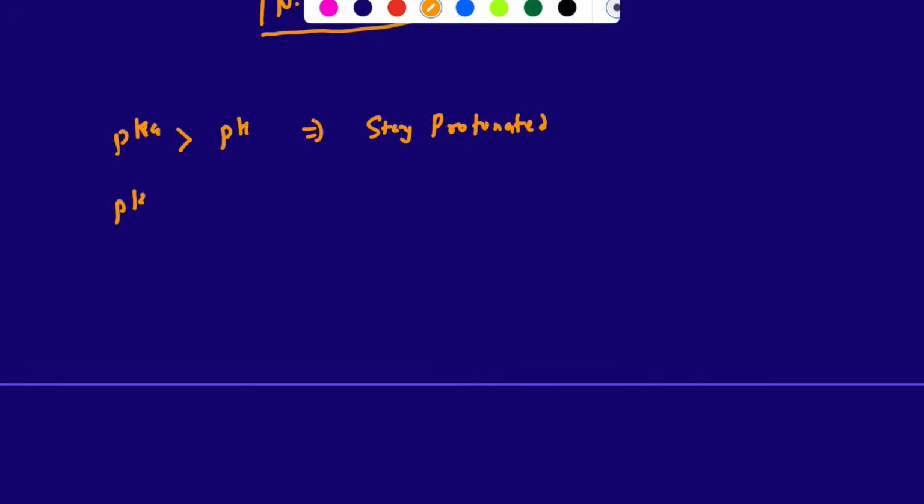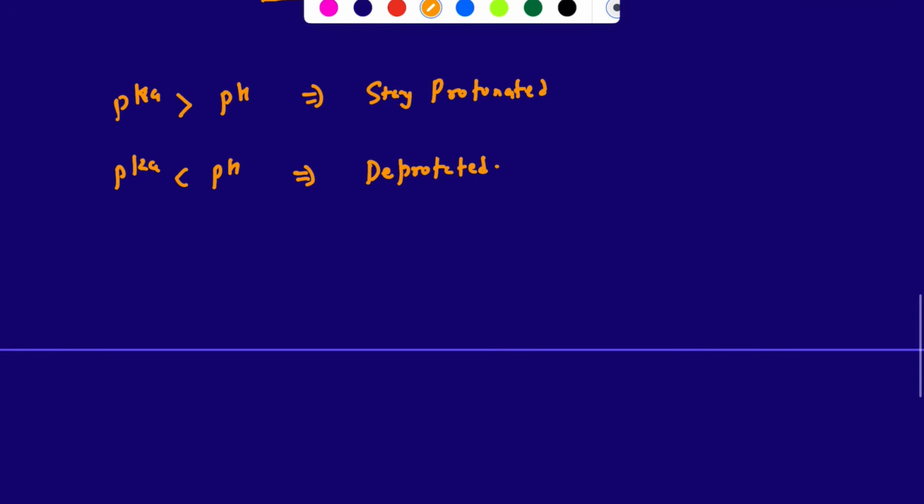And if your pKa is less than the pH, which means you are more basic for that particular pKa group, then you are going to be deprotonated. Okay, and when the pH equals the pKa exactly, then in that particular case you're going to have an equal amount of protonated versus deprotonated.